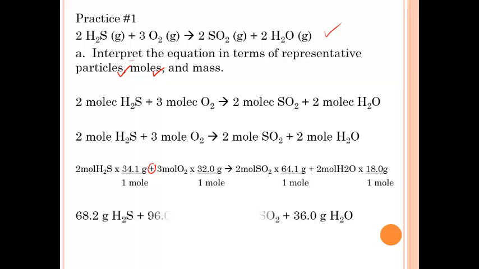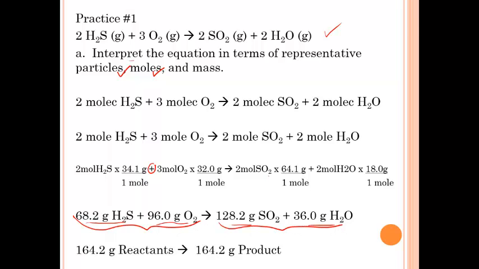Now when you calculate all of that out, just by doing the multiplication and getting your final answer, 68.2 grams of H2S, 96.0 grams of oxygen, 128.2 grams of sulfur dioxide, 36.0 grams of water, and you could add up your reactants and your products, and occasionally it would be good to check your work and just make sure that you end up getting the same amount of reactants as products, because if you don't, you've done something wrong. You really need to make sure that those are the same.